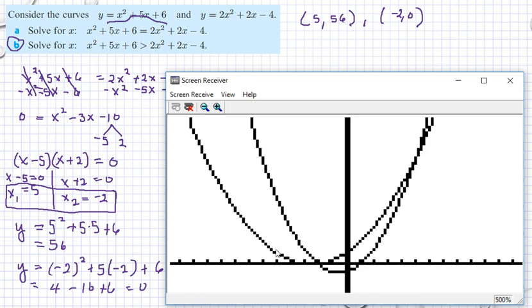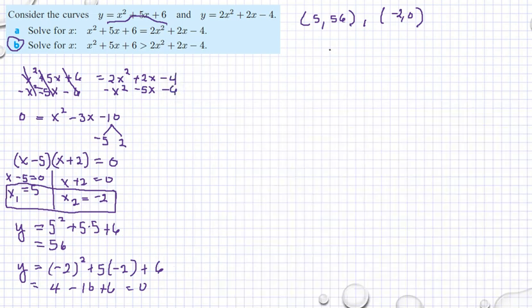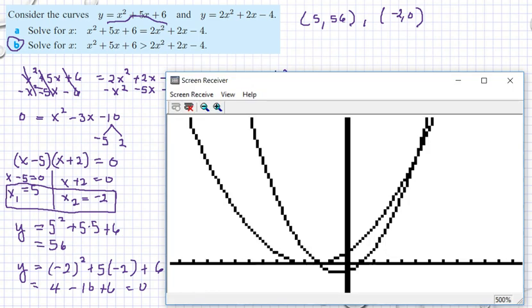So it should be greater. Then we're talking about this area. For B, the answer will be when x is greater than -2 but less than 5. So our x is an interval. It's the area between -2 and 5. That one.